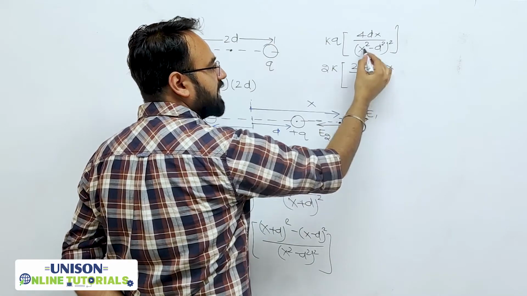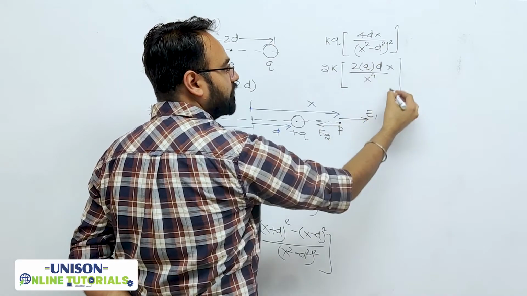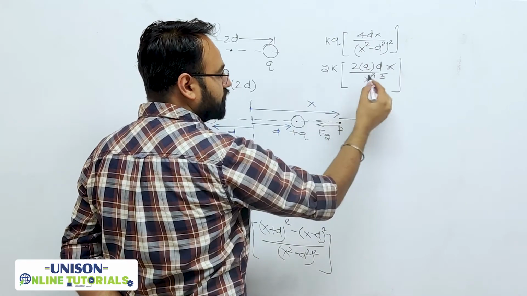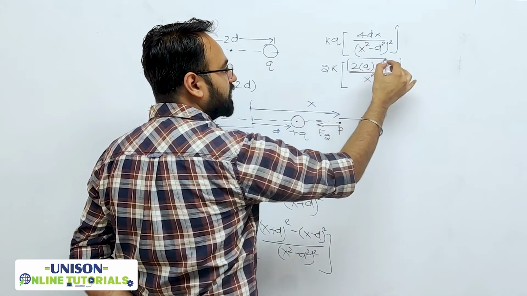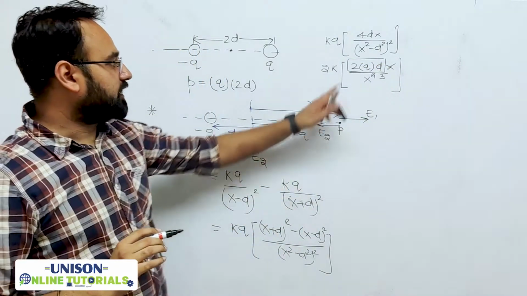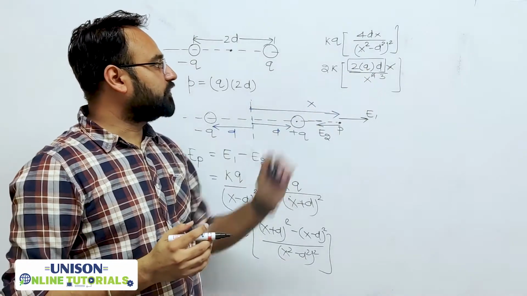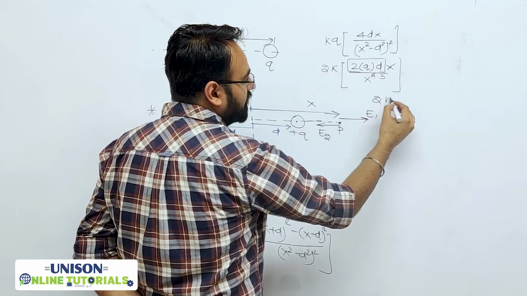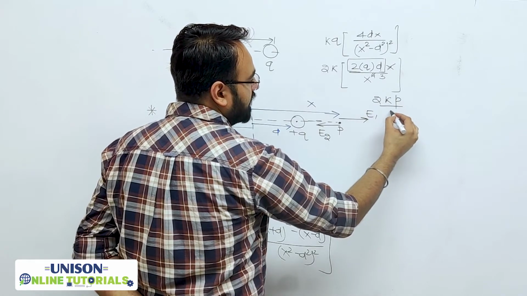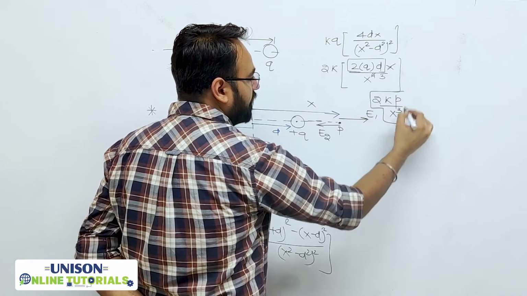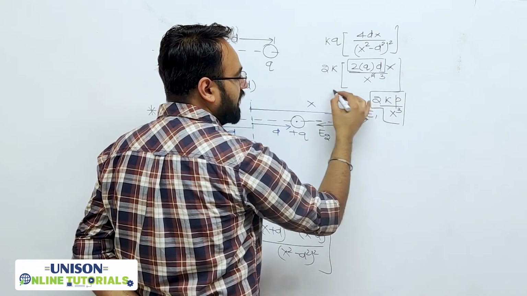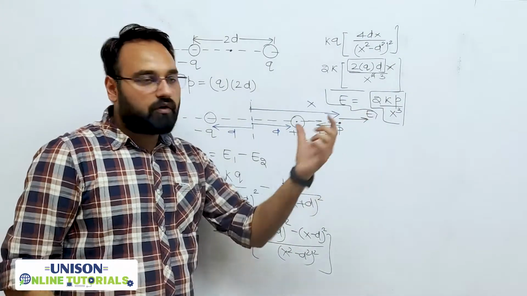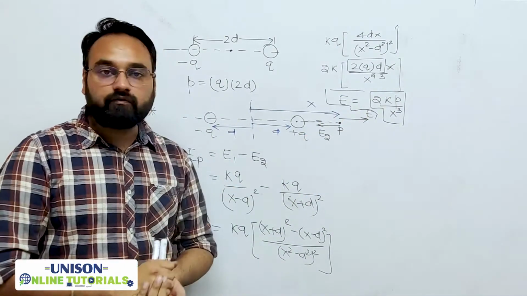So ultimately we get x square to the square, which will be x raised to the power 4, and x will get cancelled out, and we get x cube. We know this term 2d into q is nothing but the dipole moment p. So what we are left with is 2kp by x cube. This is the formula for the electric field on the axis of a dipole.